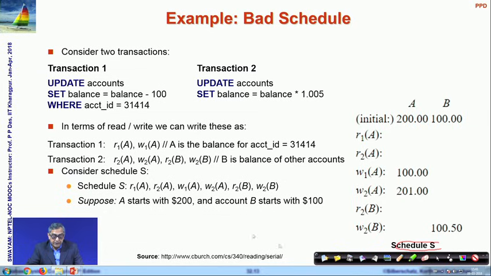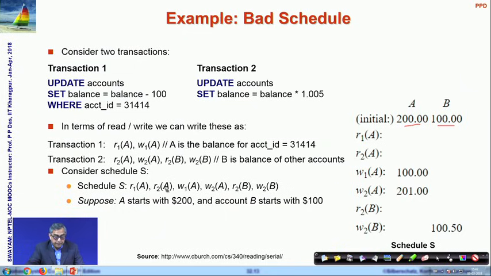On the right we are saying that A starts with $200 and B at the beginning is $100. So, what will happen? The first thing is R1A, so 200 is read. Then R2A; again 200 is read.